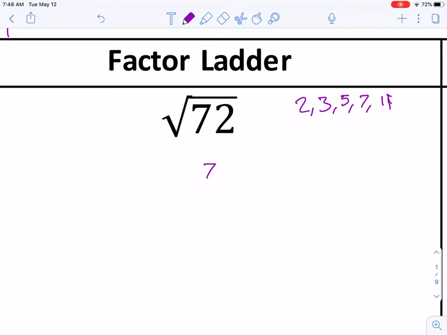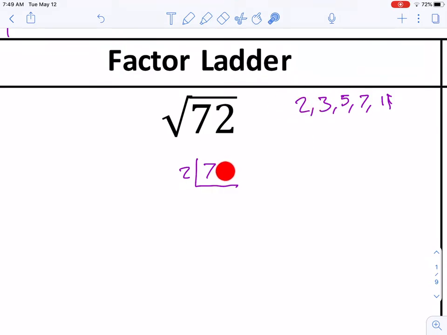I'm going to take 72 and put it inside this box. And I'm going to divide 72 by 2. So I'm starting here. Again, I got that 2 from here. This is my starting point.